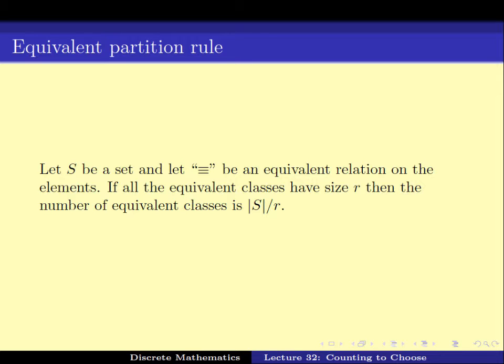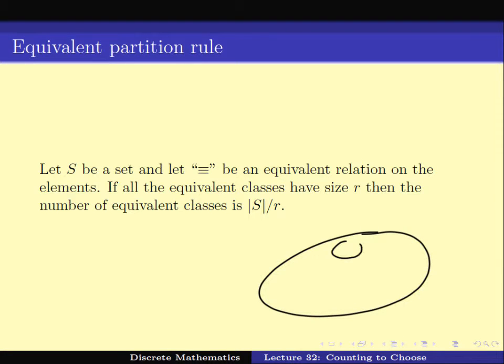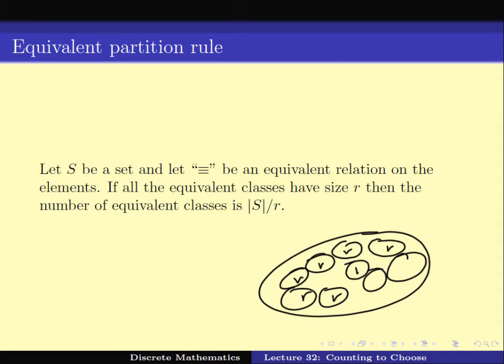Now this is not a very hard thing to realize, right? I mean, if I have a set here and I have equivalence classes, all of them have size R, then the total number of such equivalence classes is S by R, right?